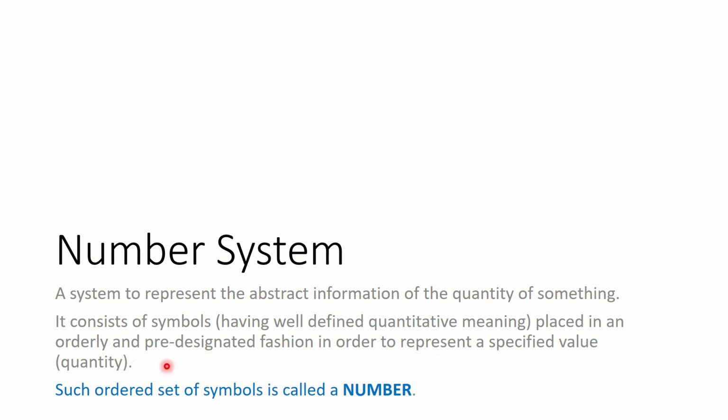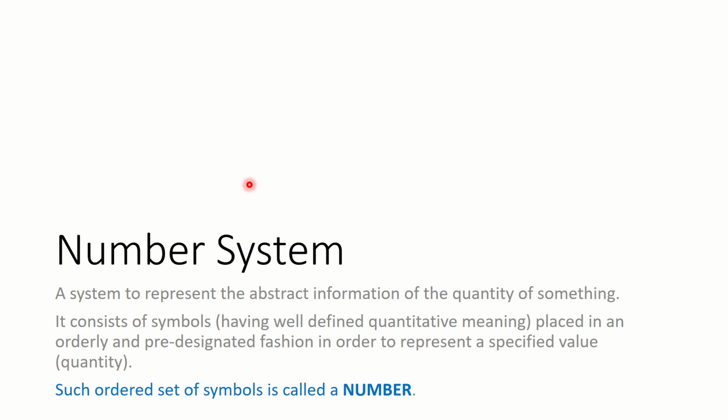So that means we will see in a particular number. If you imagine a number, you all know what numbers are. So imagine a number. In that number, you are basically seeing symbols, each symbol having well defined quantitative meaning, and they are placed in a very orderly and pre-designated fashion.